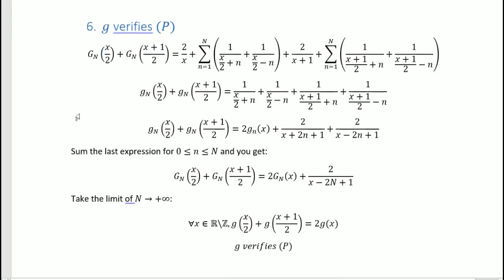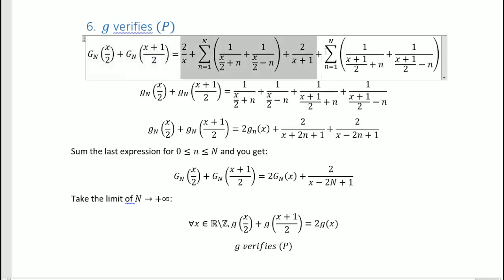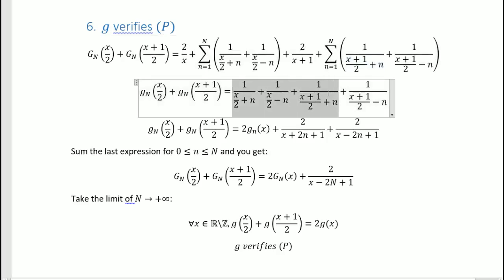Okay, so now we are going to prove that G verifies P. We do the same thing as before for F, but now with big G_n. So we expand, that's just expanding.